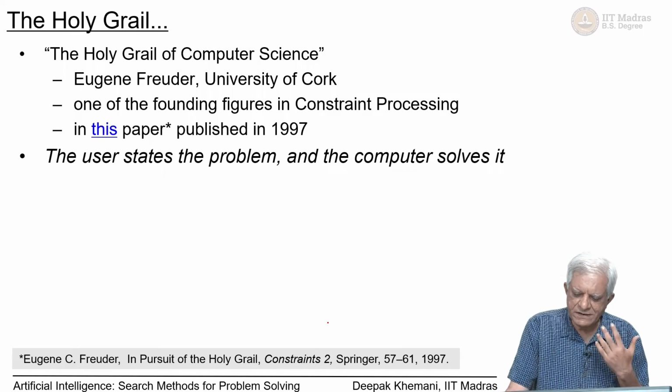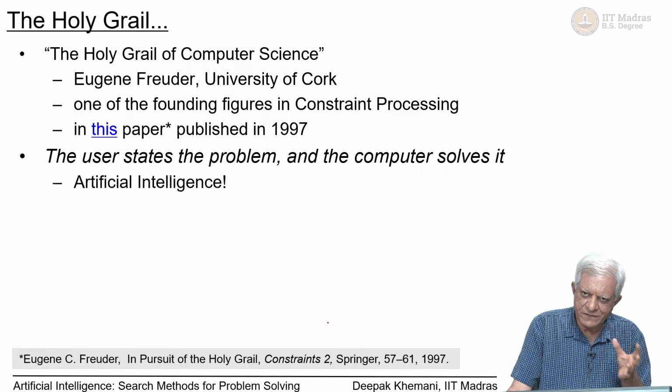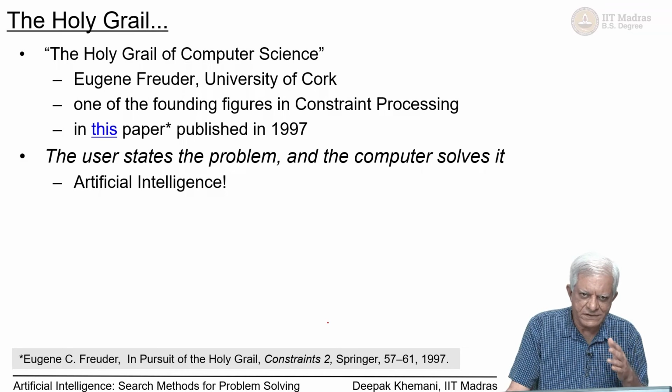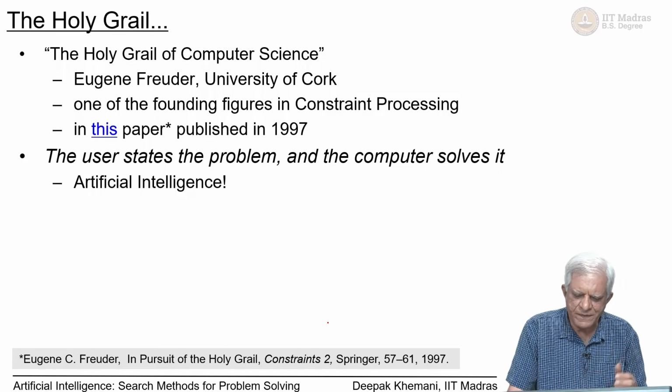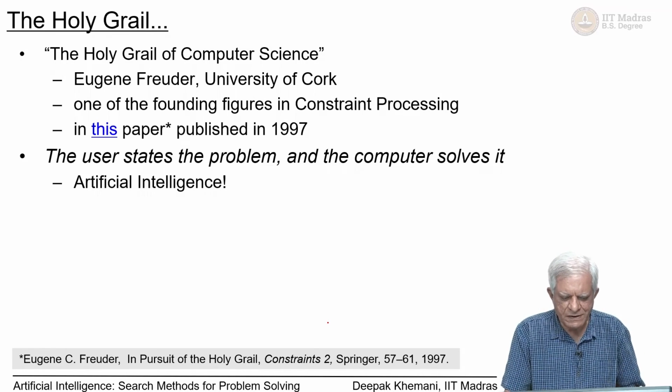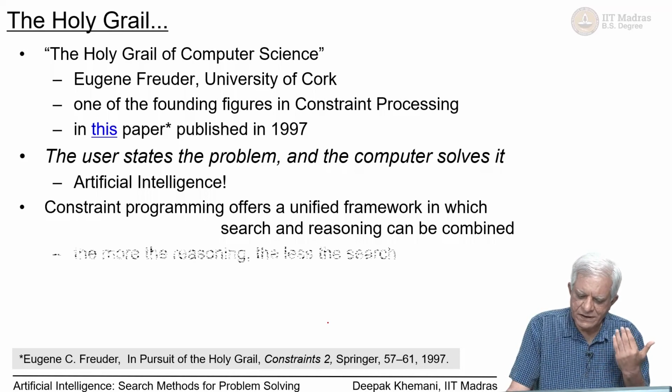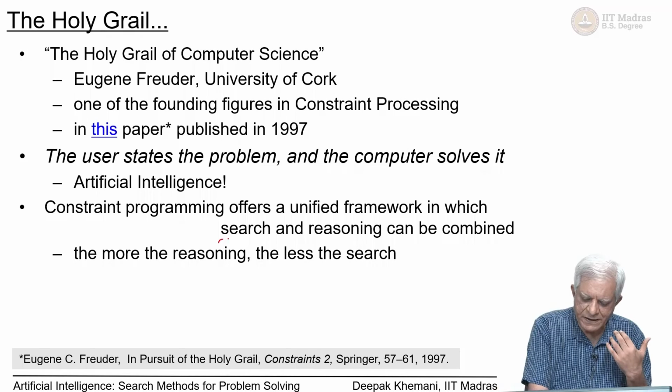He says this is consistent with the notion of artificial intelligence, that the user states the problem and the computer solves it essentially. And what we have been trying to emphasize is the fact that constraint processing subsumes both search and knowledge representation and reasoning, which we consider to be the core of problem solving. So, it offers a unified framework in which search and reasoning can be combined, that is the important part.